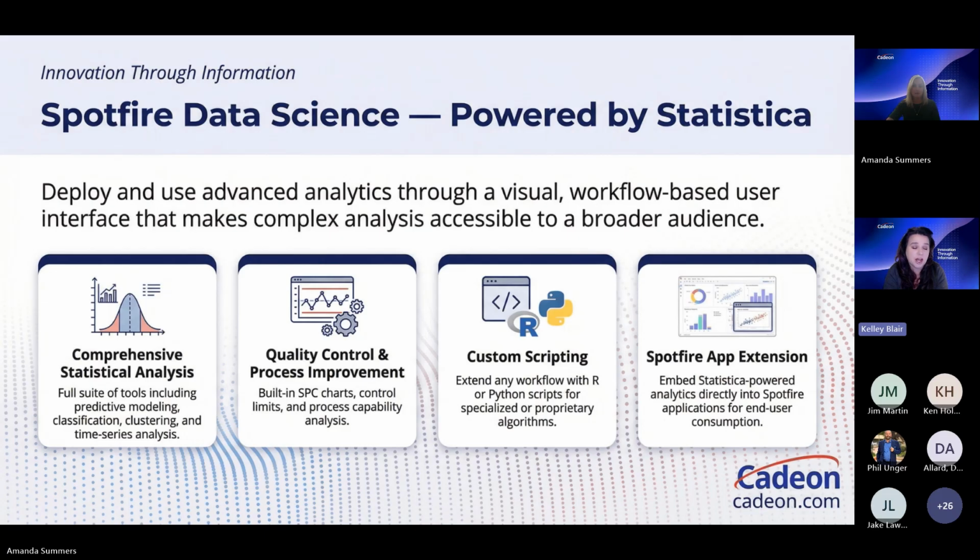So we can create functions in that low-code, no-code environment in Statistica, and then import them directly into Spotfire and run them against our data in Spotfire. Or we can completely prepare the data in Statistica and then publish it into the Spotfire library so that we can consume it from there. So we've got a whole range of options here to deploy and use our analytics solutions.